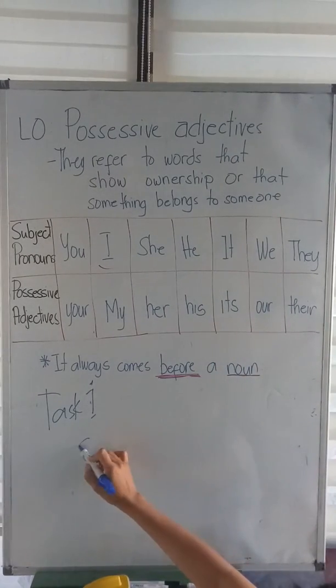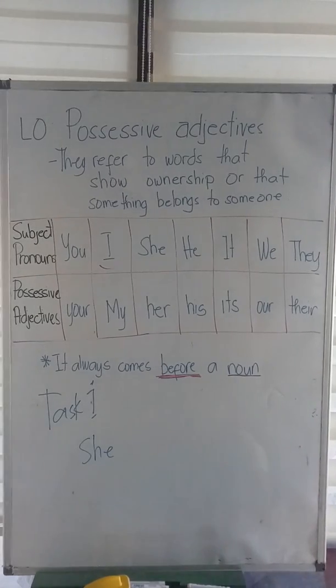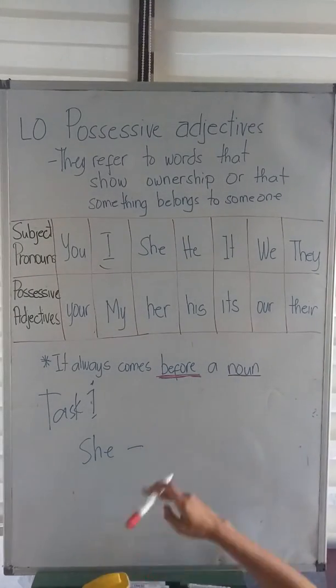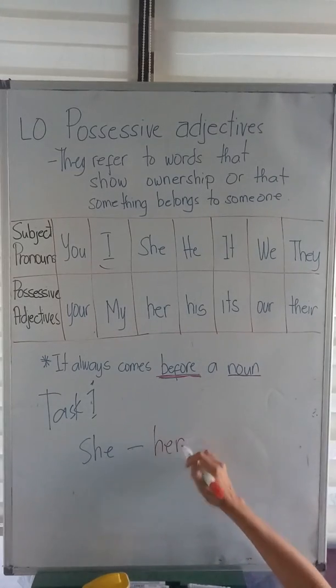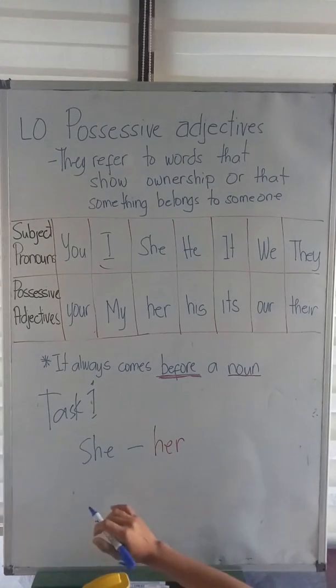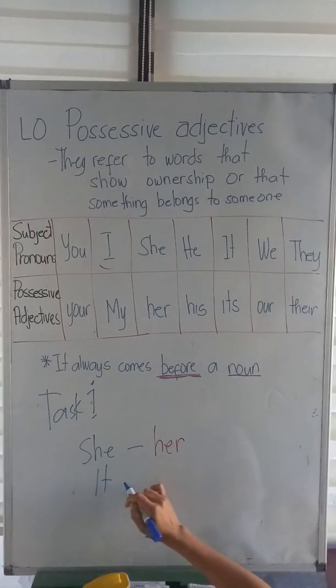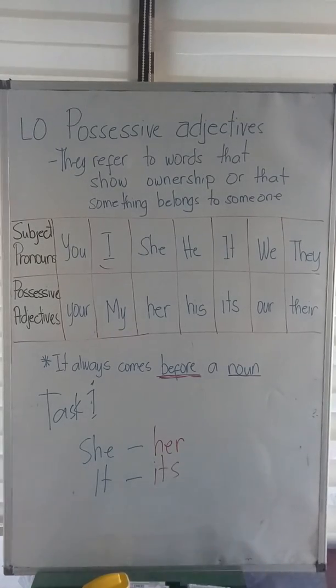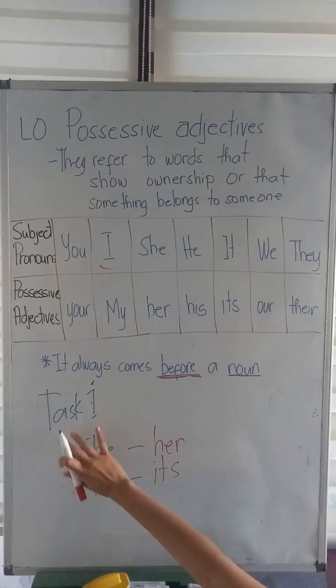Example, she. What is the equivalent possessive adjective of she? The answer is her. What is the possessive adjective equivalent of the subject pronoun it? The answer is its. So that's just it. That is for task 1.